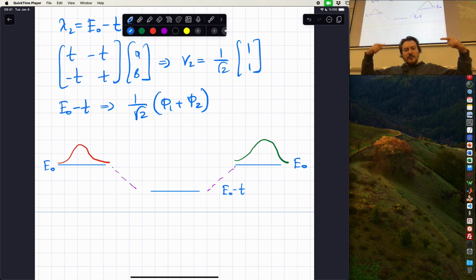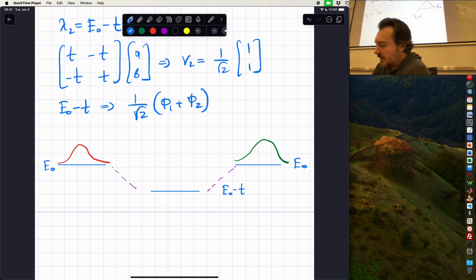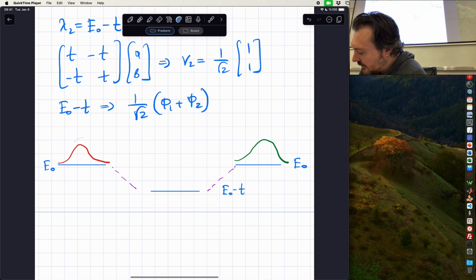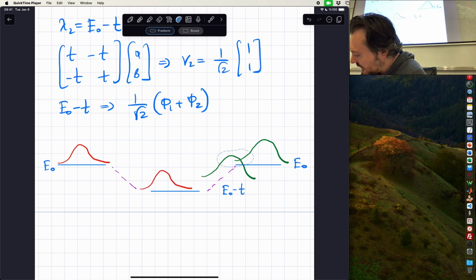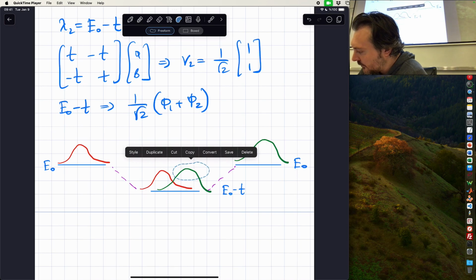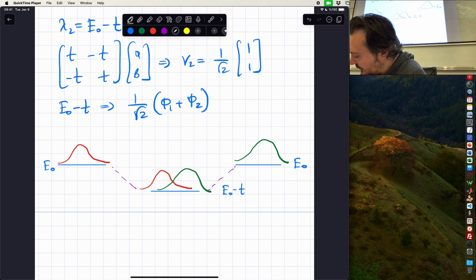When these two individual orbitals come together, they create two molecular orbitals. One of them is this one, duplicate, put it here, duplicate, put it here. This one plus that one, so this one has a plus sign in between.